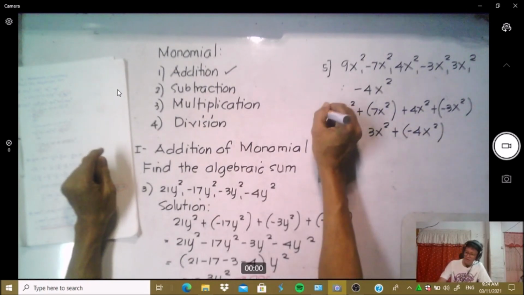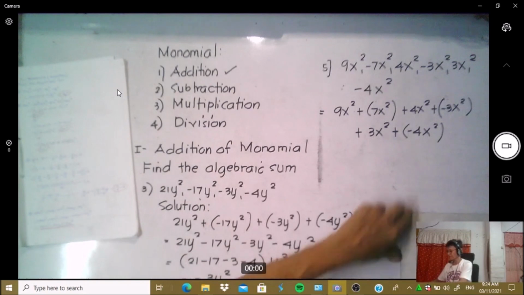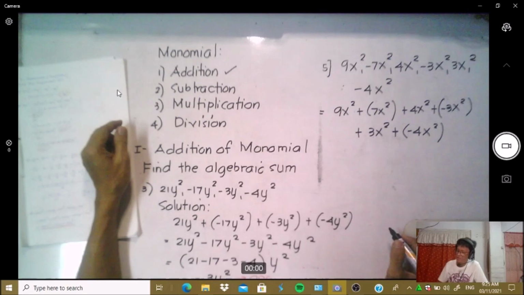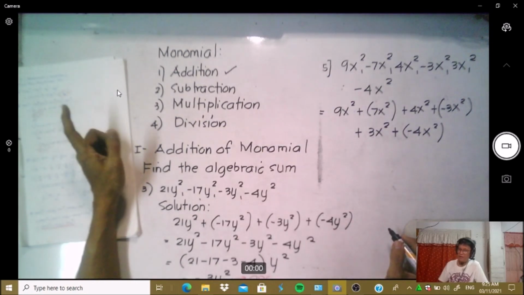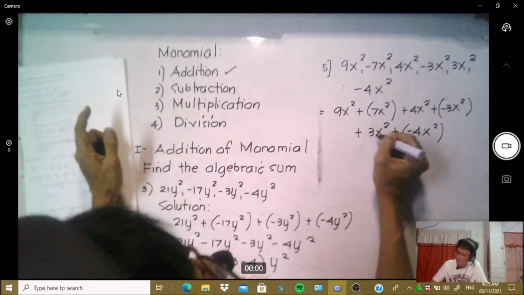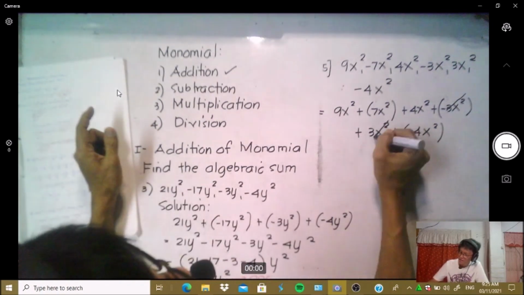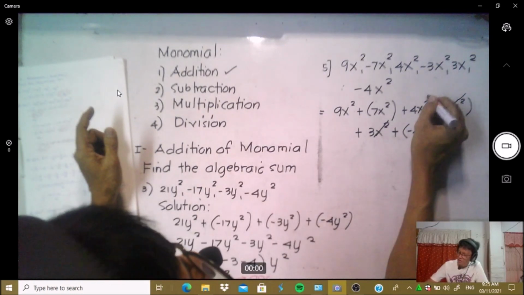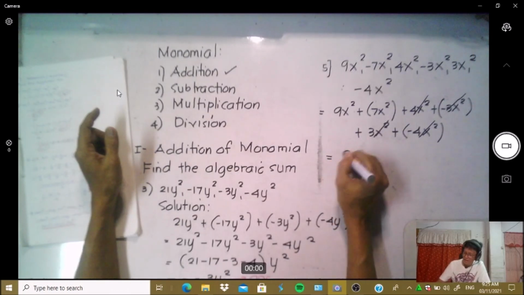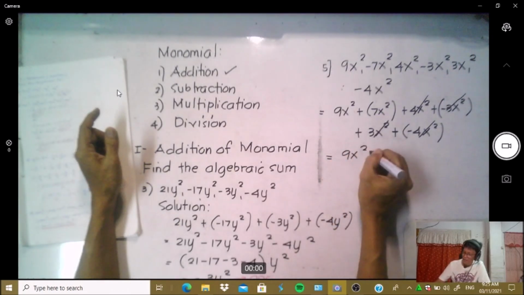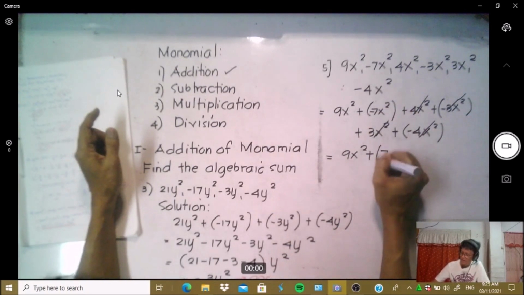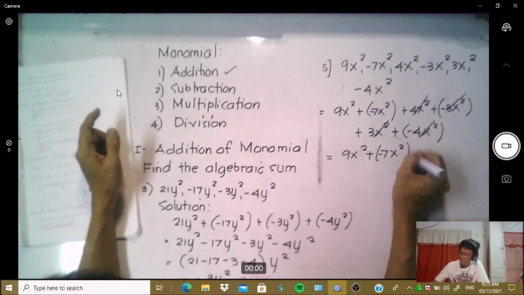Okay, now to solve this combination or addition, the best is to cancel out first those terms with the same term and opposite sign. So we have here negative 3x squared and we have positive 3x squared. So we can cancel this out. Then we have negative 4x squared and we have 4x squared here. So we can also cancel that out. And therefore we have 9x squared plus negative 7x squared.